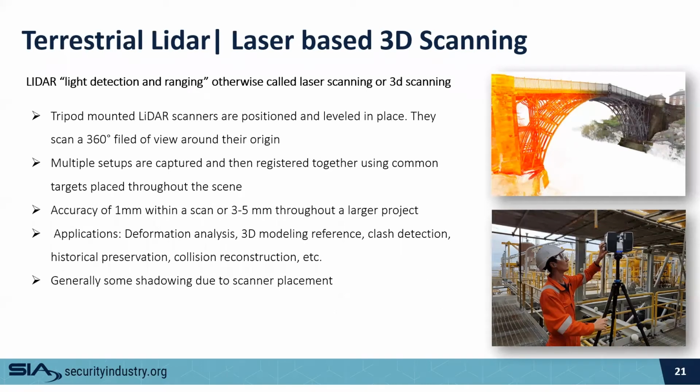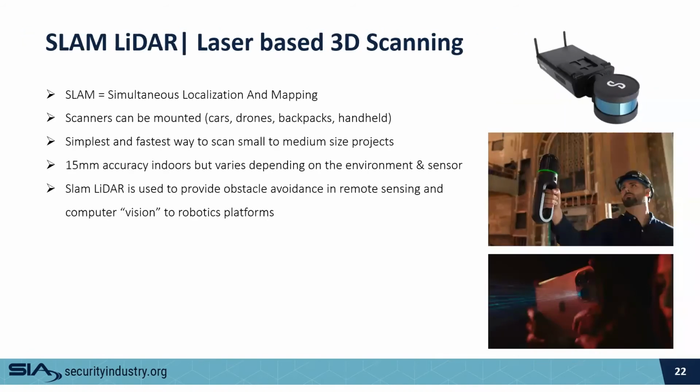So there's a process here. It sometimes is a time-consuming process. It's an expensive process from a hardware perspective and also from expertise. And there's a lot of station moves. You have to move this because it's line of sight. So from a high fidelity perspective, from an accuracy monitoring perspective, this is the right tool. But understanding what your needs are is really going to dictate what technology you want to deploy.